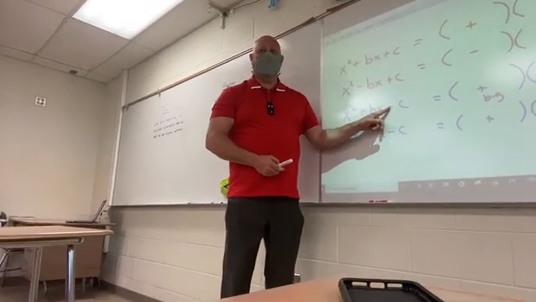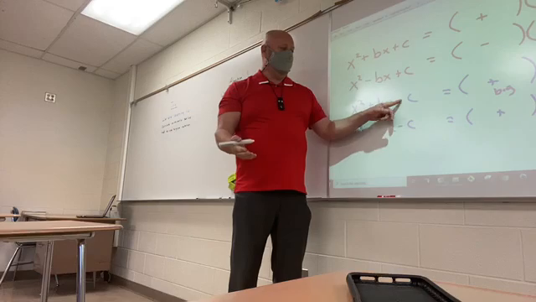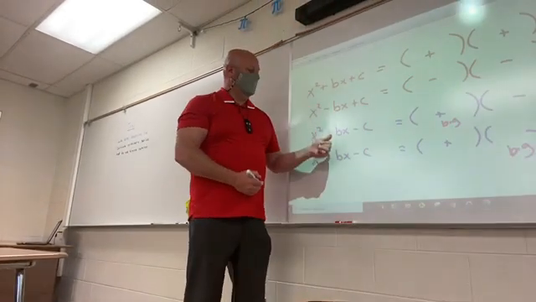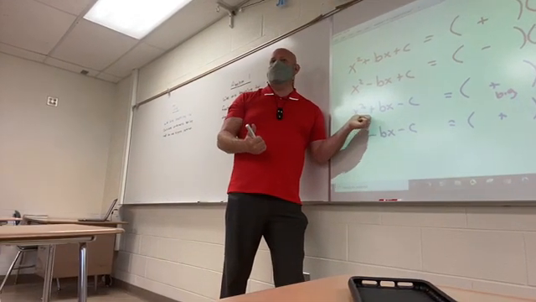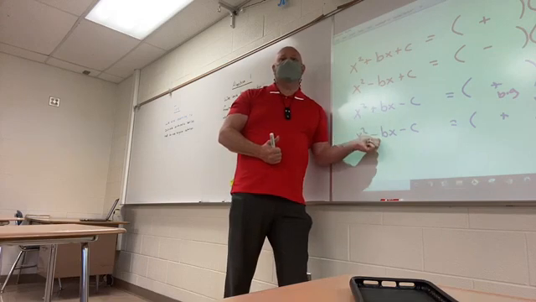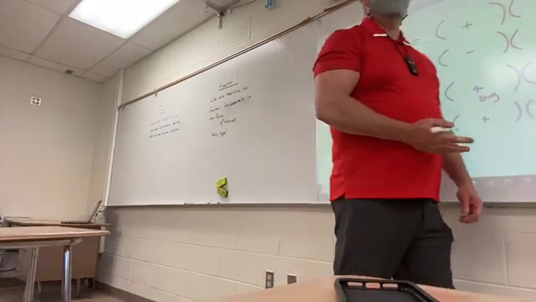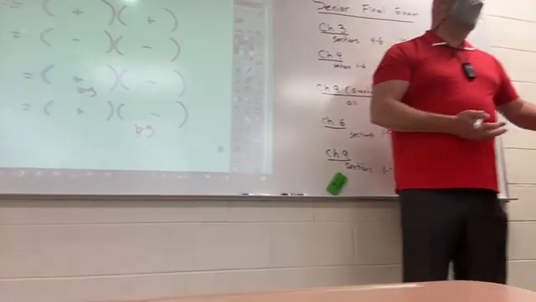If the C is negative, that means my signs have to be different. So no matter what, I'm going to have one positive and one negative. But then the B tells me the bigger number has to be the same as that one. So if this is positive, the bigger number is positive. If that's negative, the bigger one's negative. Does that make sense? I don't think these should be hard. I really, really don't.